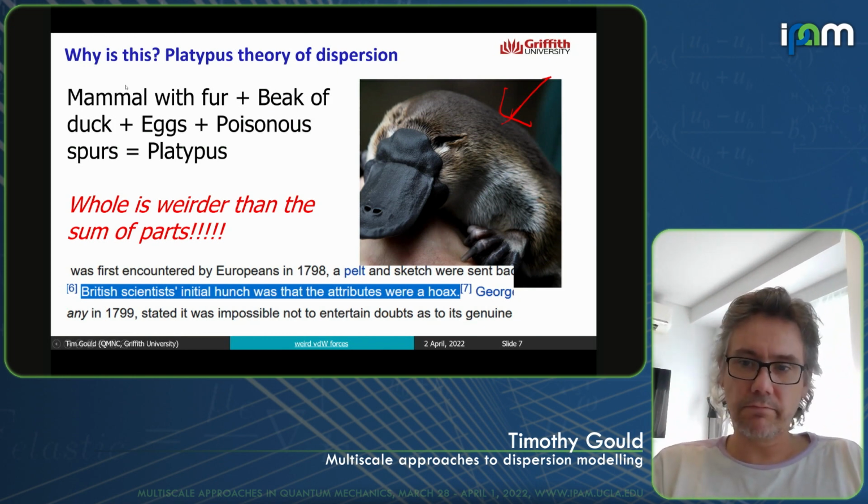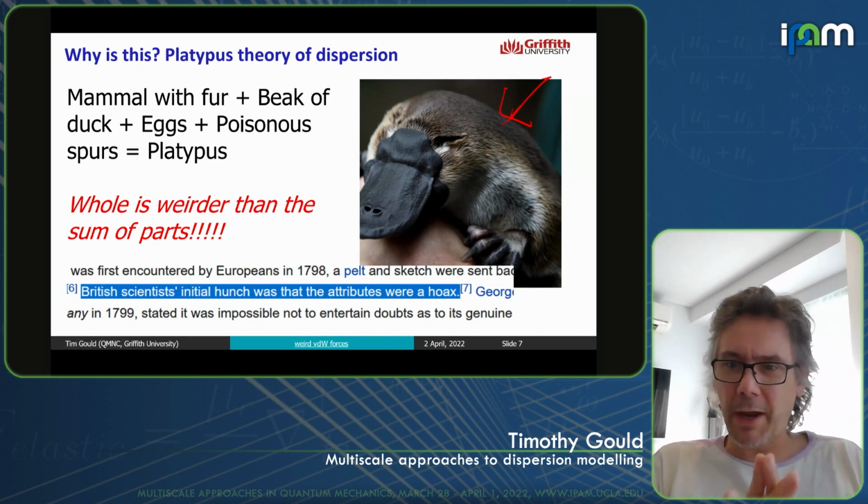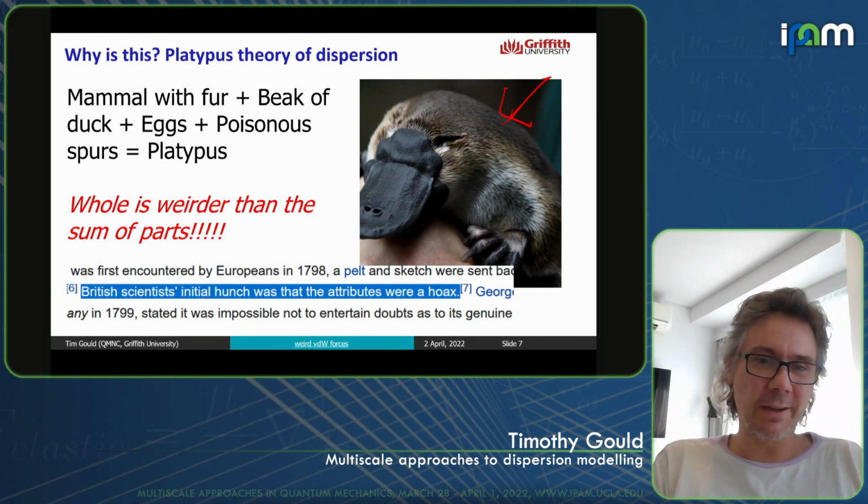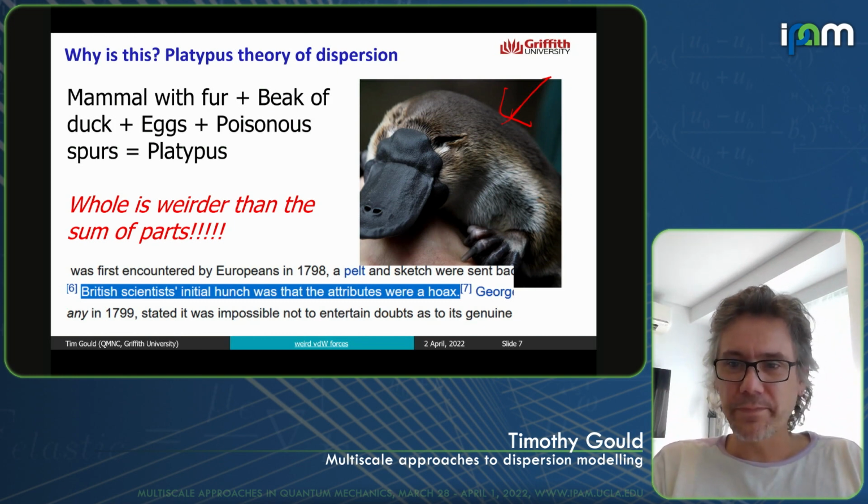It's a mammal. It's got fur. So that's pretty typical. Nothing unusual there. It's got a beak like a duck. Well, that's a bit stranger. But if you compare it to something like a tapir or other more unusual mammals, it's not especially strange.